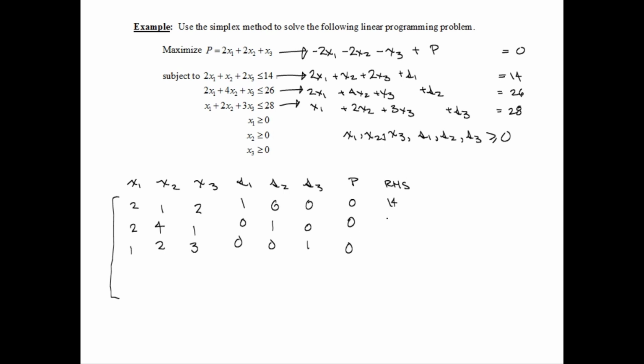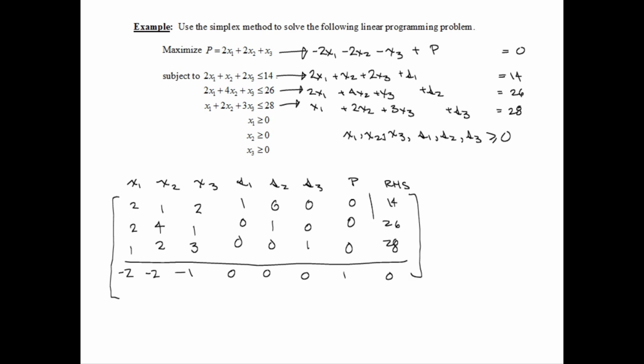I have 14, 26, 28, and I'm going to go ahead and put that objective function in. So negative 2, negative 2, negative 1. No slack variables in there, so those are all zeros, plus 1p is equal to 0. Okay, this is our initial simplex tableau.